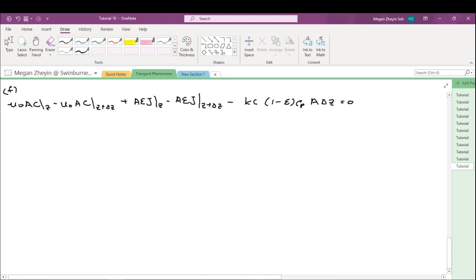So we divide everything by A and delta Z, rearrange it, and take the limit.